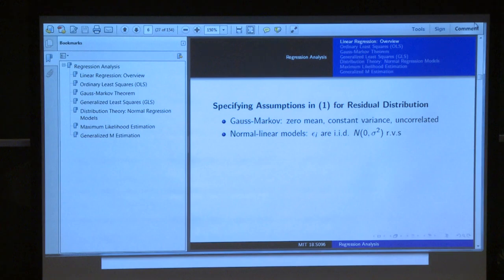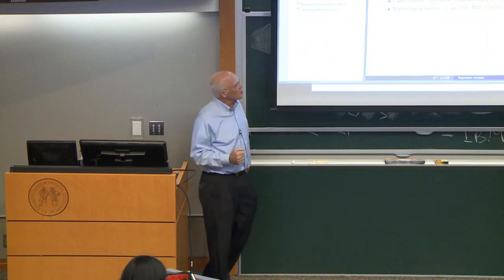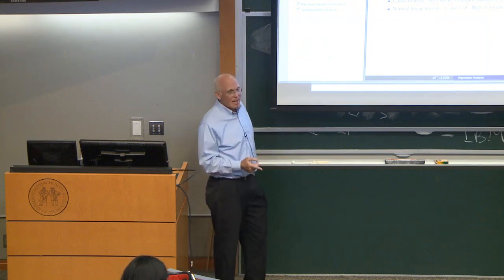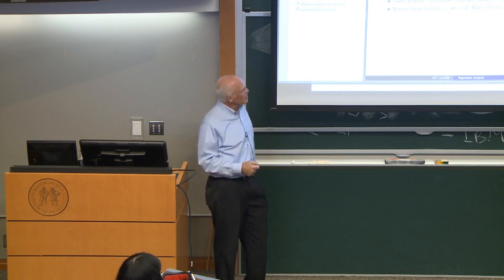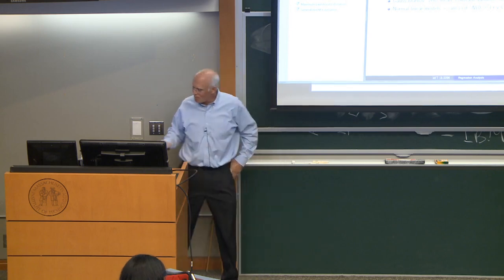But in the Gauss-Markov setting, we're just setting up basically a reduced set of assumptions that we might apply to fit the model. If we extend upon that, we can then consider normal linear regression models, which Will had just suggested. In this case, the residuals could be assumed to be independent and identically distributed, IID, with Gaussian or normal distribution with mean zero and variance sigma squared.